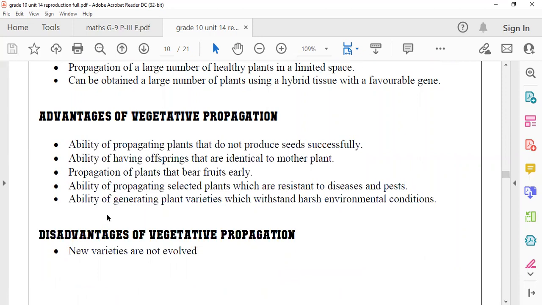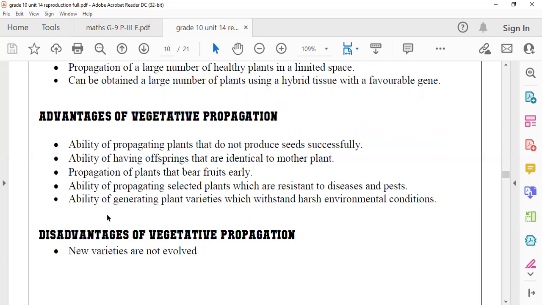And finally, the advantages of vegetative propagation. One, ability to propagate plants that do not produce seeds successfully. Ability of having offspring that are identical to the mother plant. Propagation of plants that bear fruits easily. Ability to propagate selected plants which are resistant to diseases and pests. And ability of generating plant varieties which withstand harsh environmental conditions.